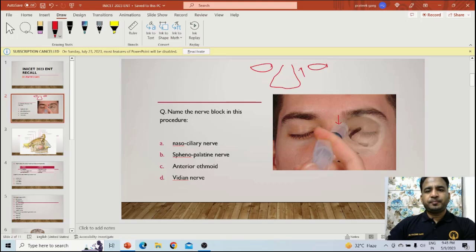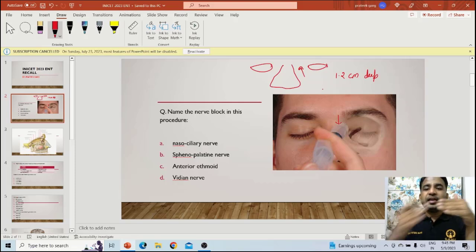Generally when we put the injection over the dorsum of the nose, lateral border, and we go 1.2 centimeter deep, what comes here is mainly the nasociliary nerve, which comes from behind, giving branches like posterior ethmoidal, anterior ethmoidal, then multiple branches to the ciliary ganglion.